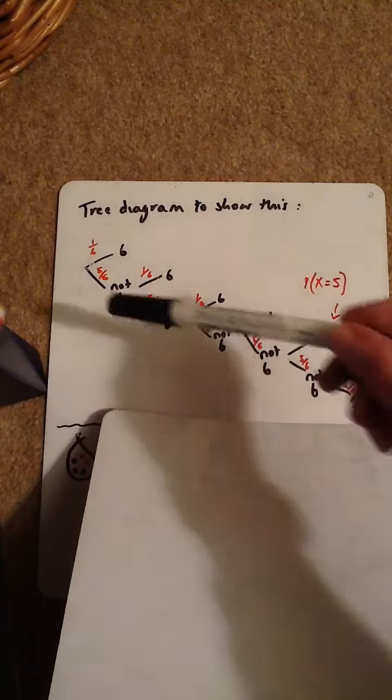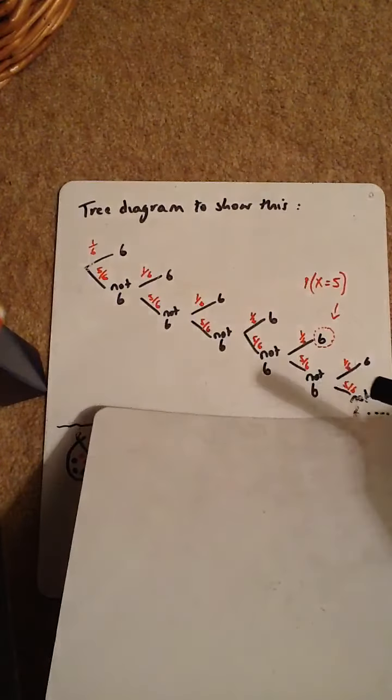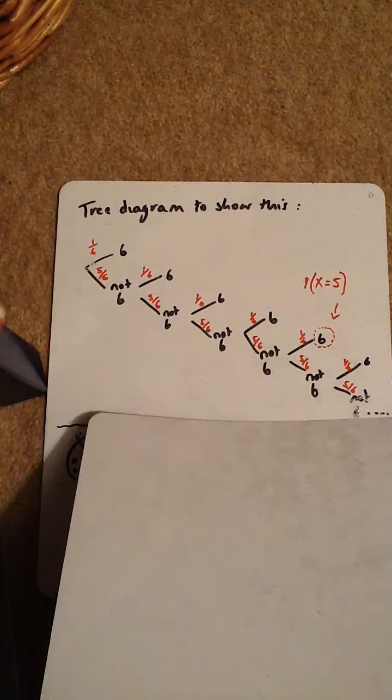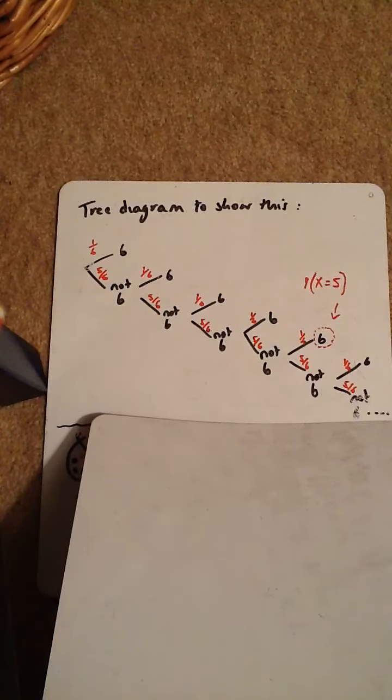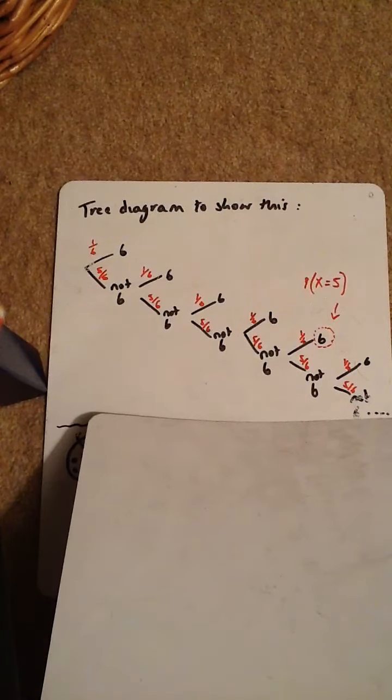So this tree diagram can carry on forever, because I keep repeating the trial until I get a success, so theoretically I could just keep on going forever. As I say, that's a very small probability, but it is a possibility.